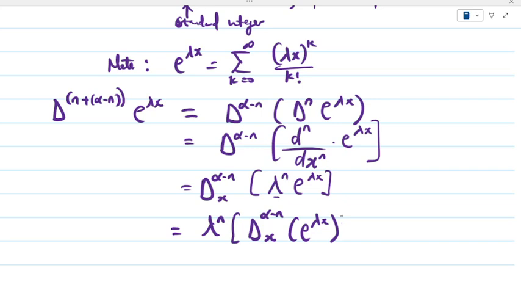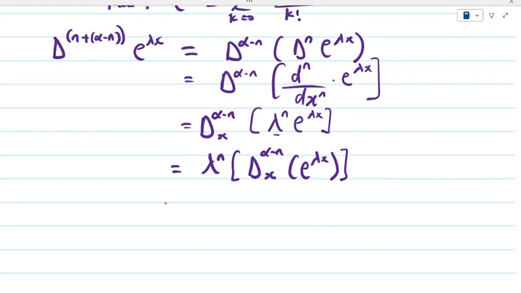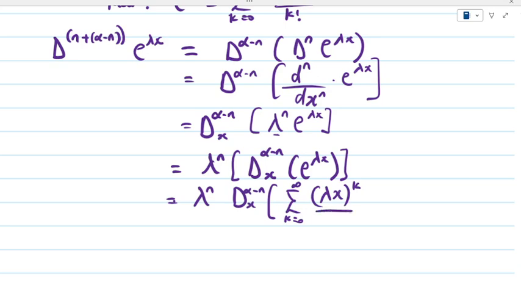Let's bring in the series expansion of the exponential, as noted above. So we have lambda n, then the fractional derivative of order alpha minus n of the summation k equals 0 to infinity of lambda x raised to power k over k factorial.